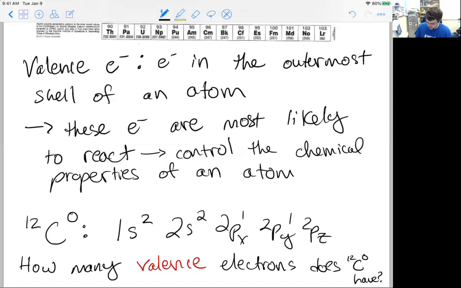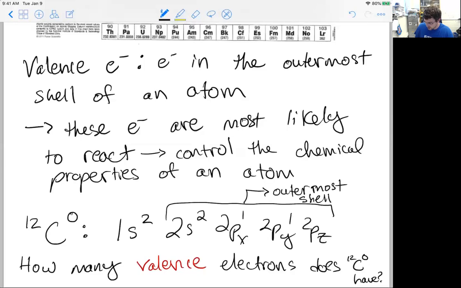And the answer is, if we look at valence electrons, that's going to be the electrons that are in the outermost shell. The outermost shell is the shell furthest from the nucleus, the highest numbered shell that actually has electrons. There are no electrons in the 3rd and 4th shell and beyond for this particular atom, so we're sticking with just the second shell.